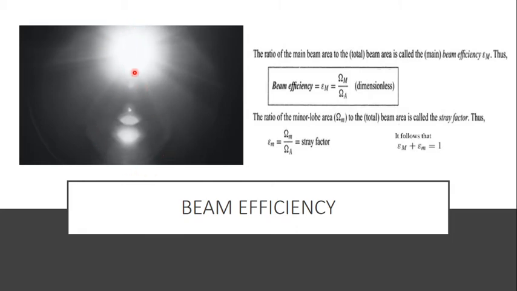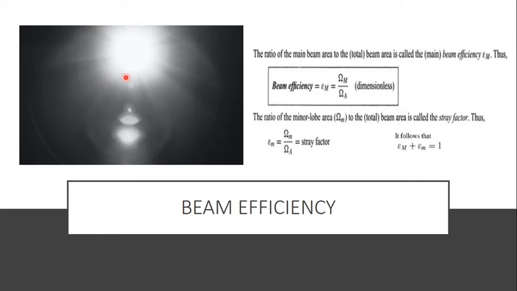For example, if you take this figure that is present here, this will radiate maximum energy in one particular direction. You can see here, this direction contains a maximum power and all other directions contain power but that is minimal in nature. So the ratio of this main beam area to the total beam area, that is what we call the beam efficiency.